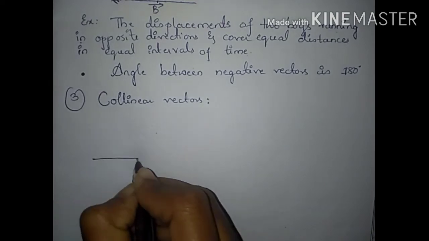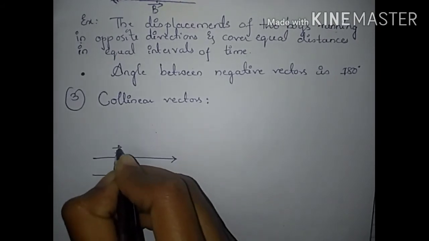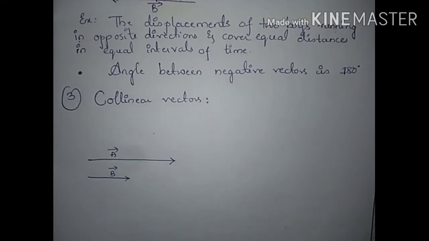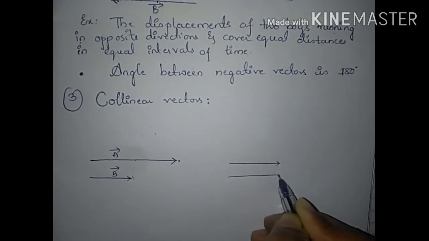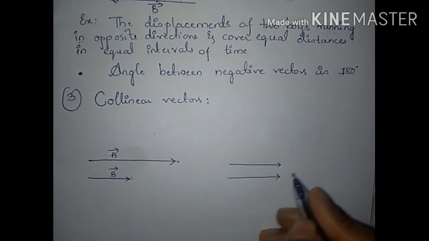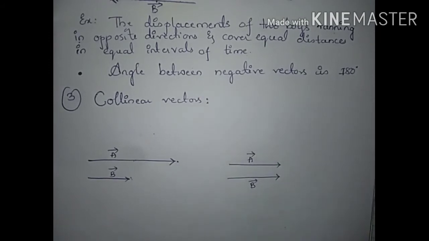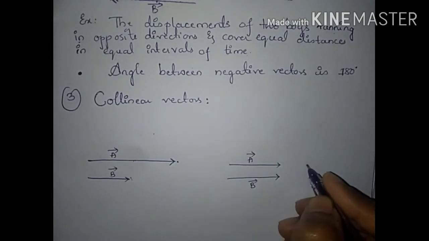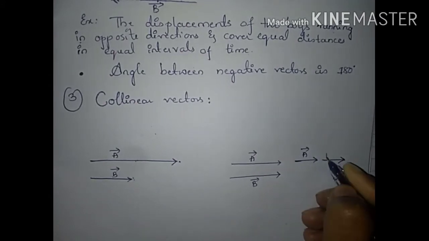Let's suppose you have a vector A and vector B. These two vectors are collinear because they have the same direction, but the magnitudes of the vectors are not equal. But in the second case, you can also have two vectors with same magnitude and same direction as well. A and B are also known as collinear vectors. So you can also draw like this, A, B.